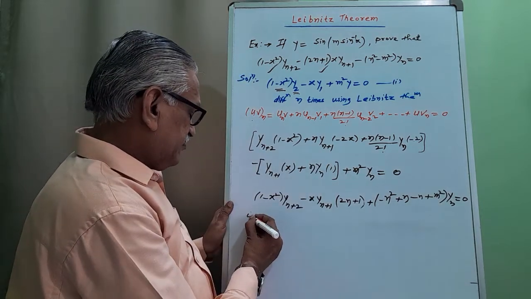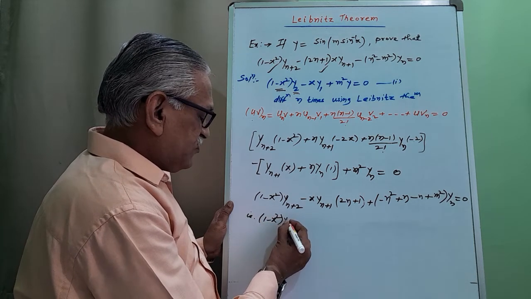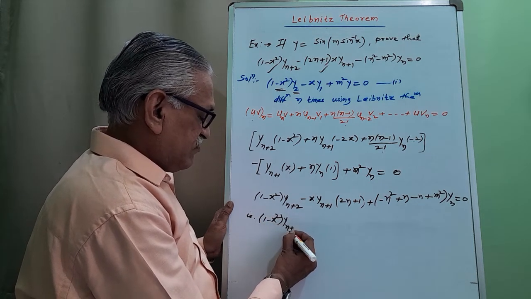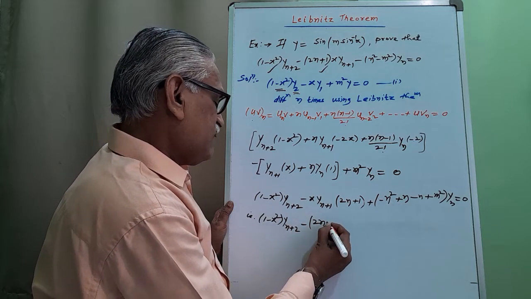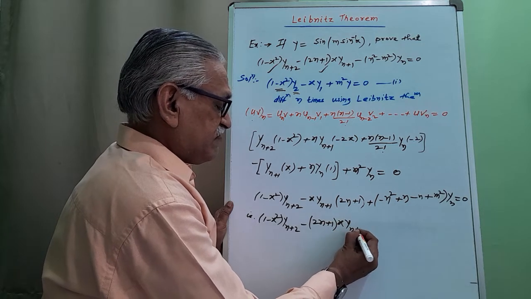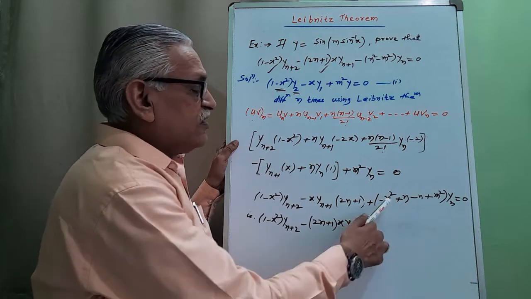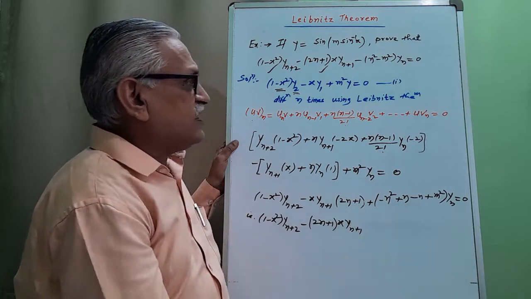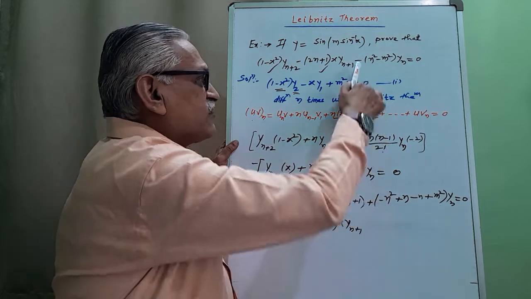That is, 1 minus x square into y_(n+2) minus (2n plus 1) into x y_(n+1), plus and minus get cancelled, we get m square minus n square, but required is minus.